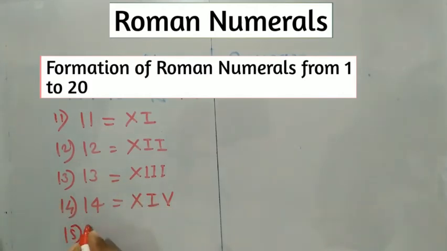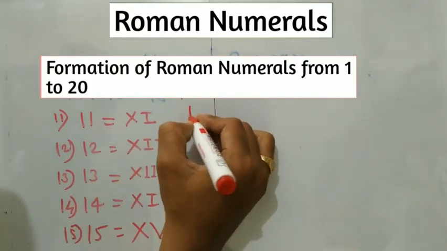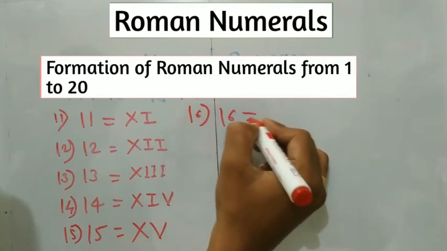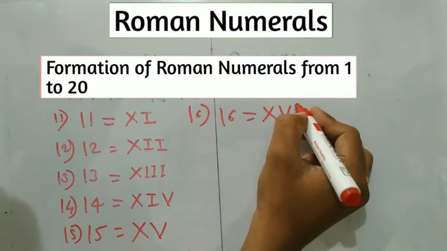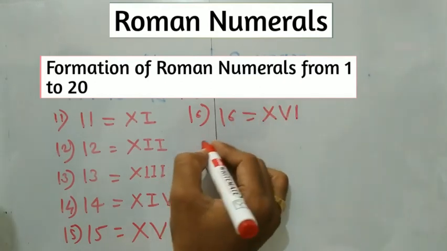If you want to write 15, then we will write X and V, 10 and 5. If you want to write 16, we will write X means 10, V means 5 and I means 1, 16.